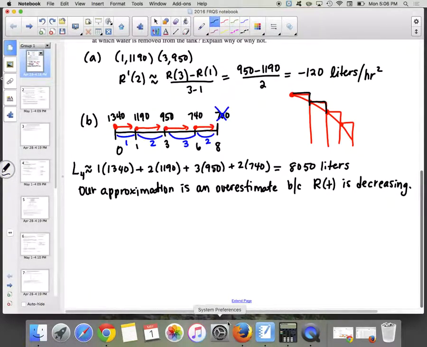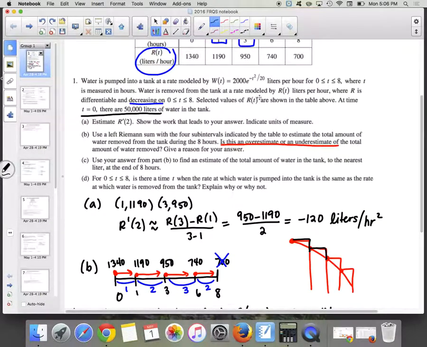So our amount of water, let A equal amount of water. So our A, we start with our 50,000 liters of water that was in the tank to begin with. And then we're adding a certain amount. And that was the function that talked about the water coming into the tank.